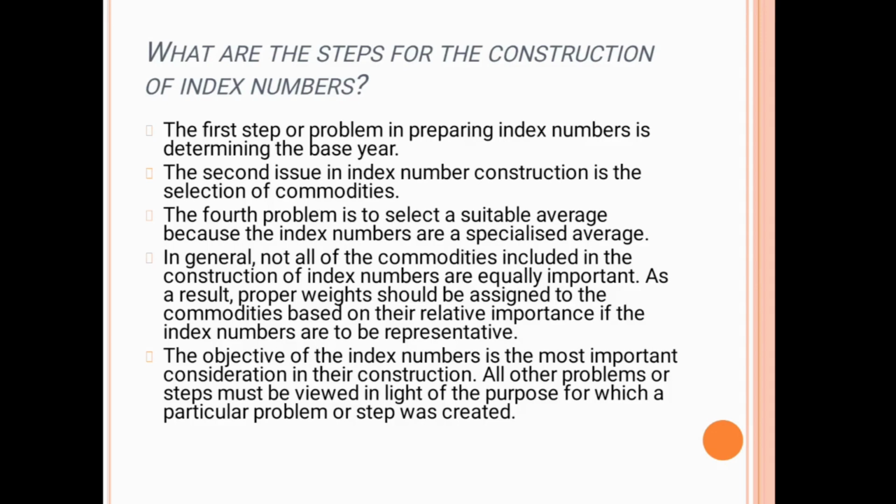As a result, proper weights should be assigned to the commodities based on their relative importance if the index numbers are to be representative. The object of the index number is the most important consideration in their construction. All other problems or steps must be viewed in light of the purpose for which a particular problem or step was created.